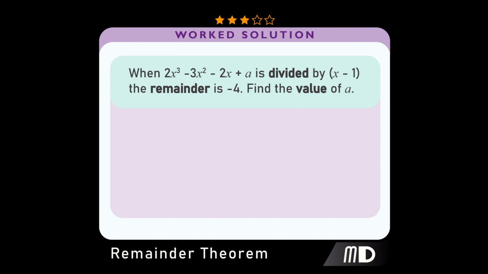In this question, we've been given the function f of x, the binomial we are dividing that function by, and the remainder. And we've been asked to find the numerical term of the cubic function f of x.